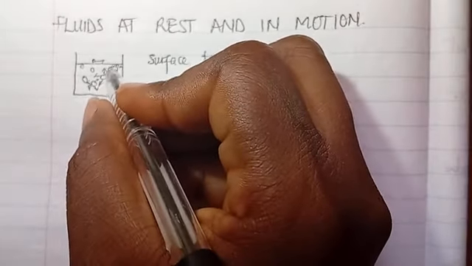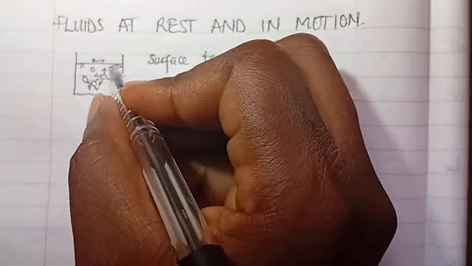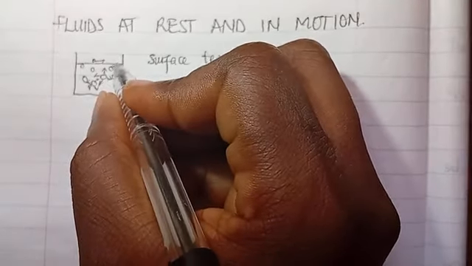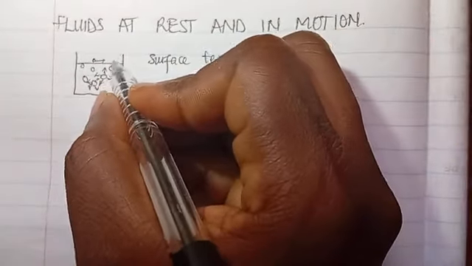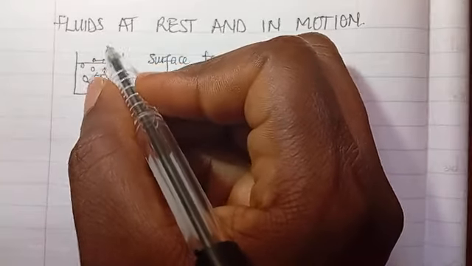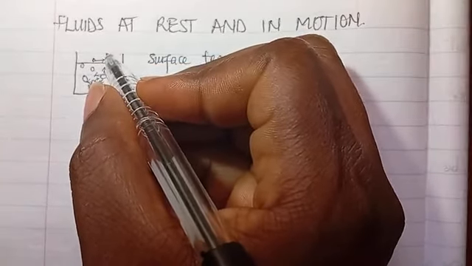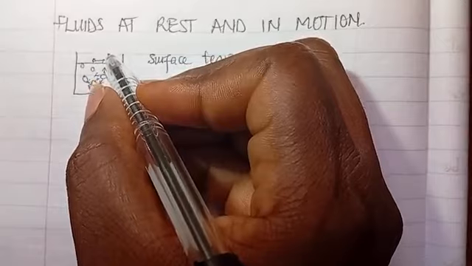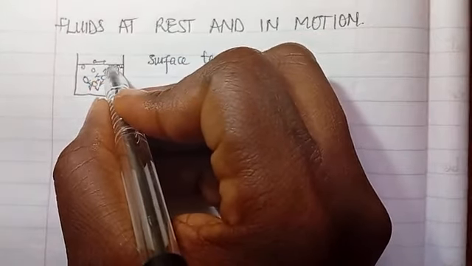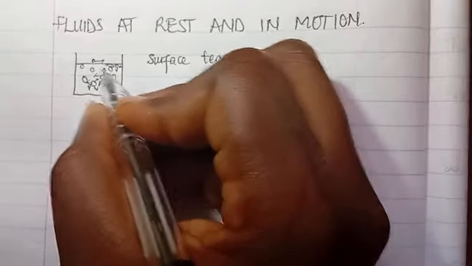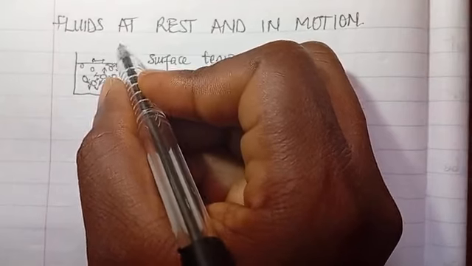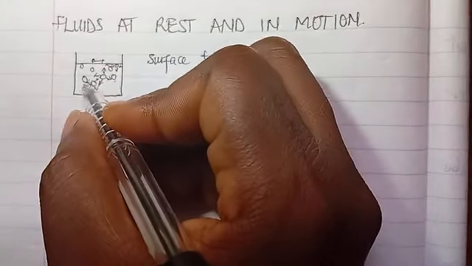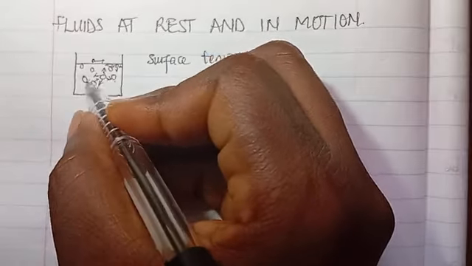Part of them have been used to attract their fellow water molecules below here, but the forces available above this surface to attract fellow water, if there were other water molecules above them, will now double up. They will now strengthen, they will now have more forces to attract each other. Like that, the force that should have been used to attract molecules above this water surface is now doubled up to be used for attracting each other.